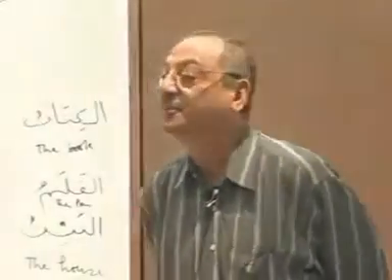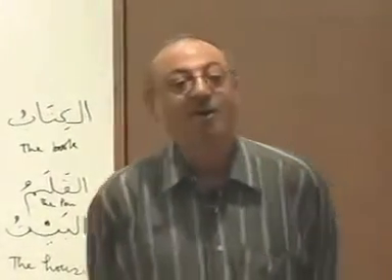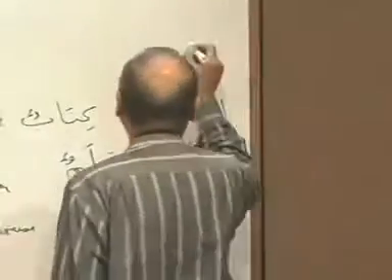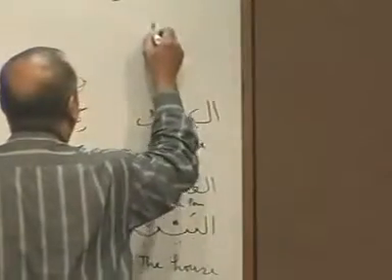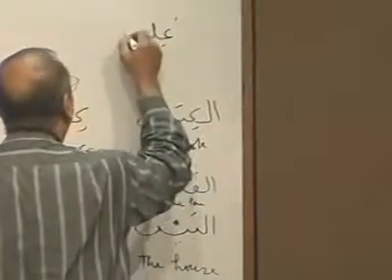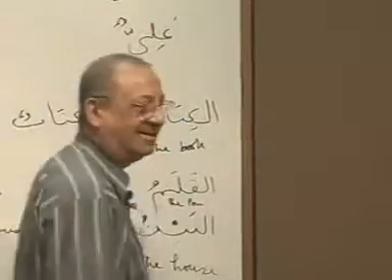Because Muhammad is a proper noun. All proper nouns are definite. When you say Muhammad, it doesn't mean any Muhammad. It means one particular Muhammad. If I say Ali, brother, how do you write Ali? We always say Ali, but truly speaking, Aliyun. See the tanween?